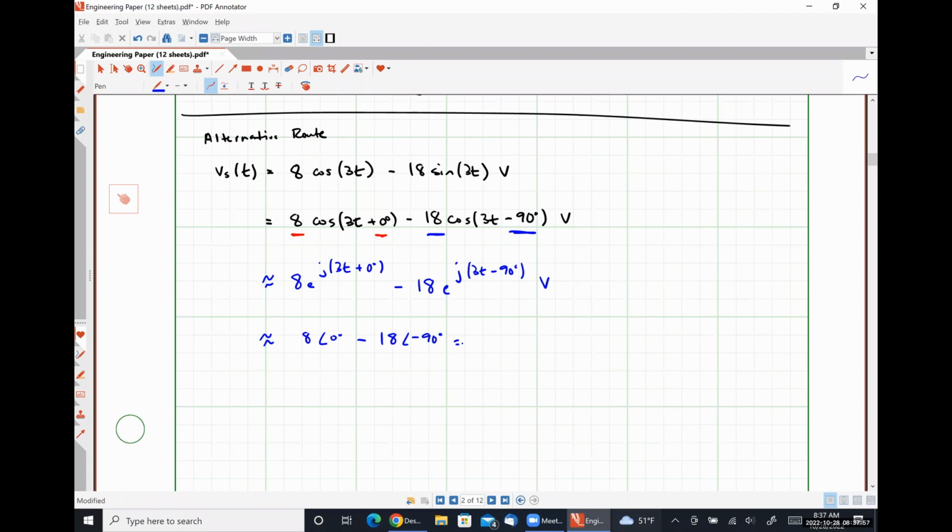Give it to me in polar form, please, because I want a magnitude and a phase angle. And it should have been 8 plus 18j. 8 angle 0 minus 18 angle negative 90. 19.698 with an angle of 66.038.